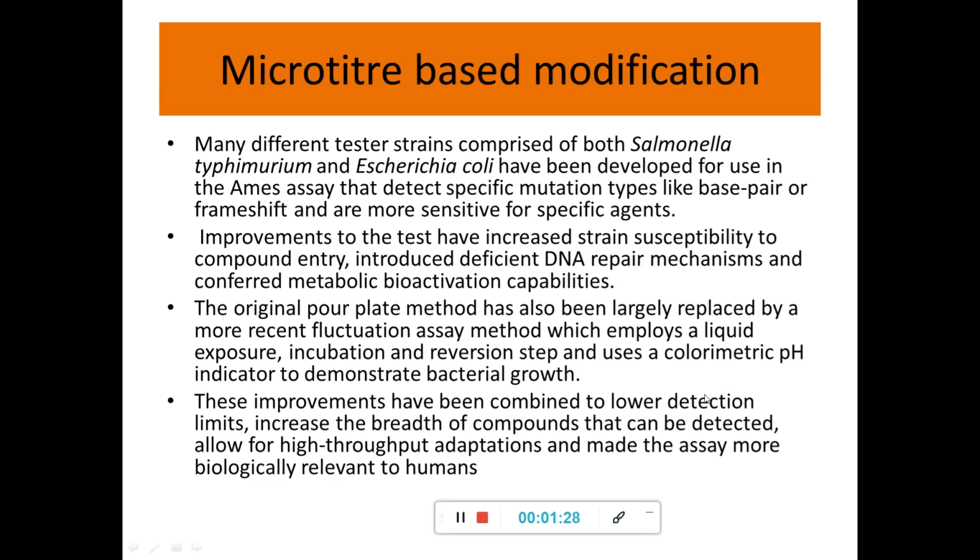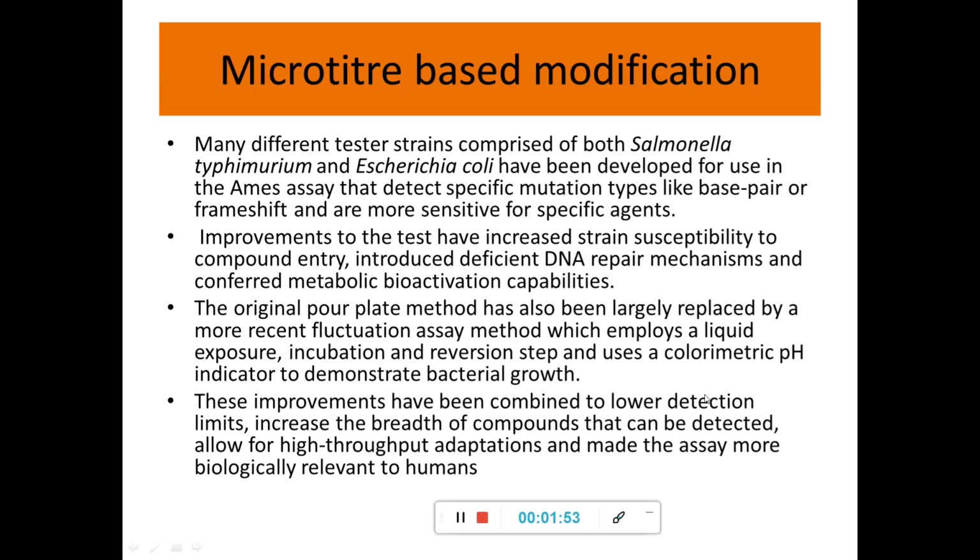And these improvements have been combined to lower detection levels, increase the breadth of the compounds that can be detected, and allow for high throughput adaptations and made the assay more biologically relevant to humans. So rather than using the plating technique, we are going to take a microtiter plate.